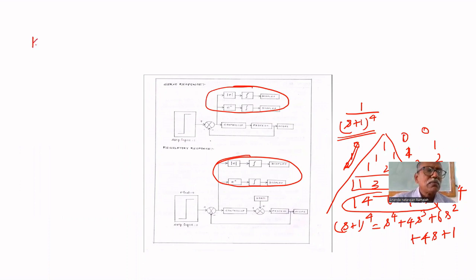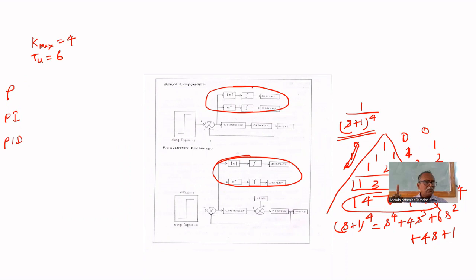K max equal to 4, TU equal to 6. So P only controller, for PI controller we have to find, for PID controller we have to find.